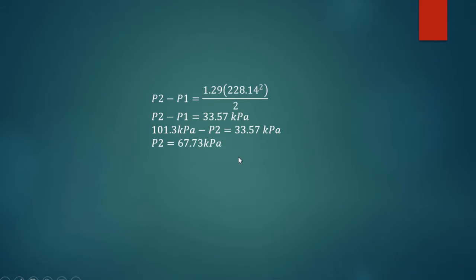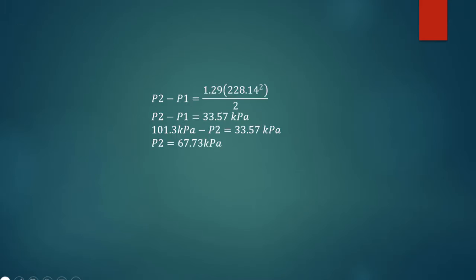Calculating using this equation, we get the difference between P2 and P1 as 33.57 kilopascal, and then P2 is 67.73 kilopascal. So we have shown that P2 is lower than P1, where P1 is atmospheric pressure.